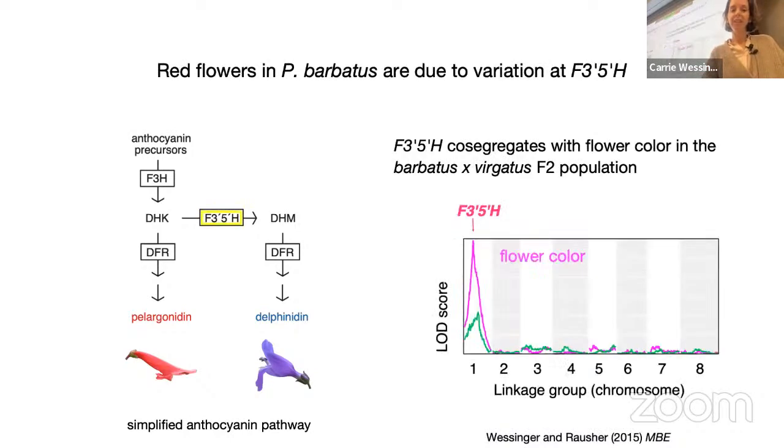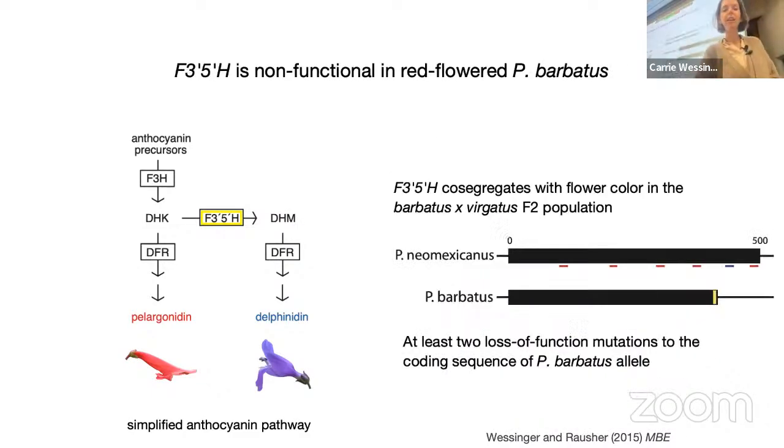We found that flower color in our F2 population co-segregates with genotype at F3' 5'H. And it turns out that the red flowered species, Penstemon barbatus, has a non-functional copy of this gene that's been inactivated through at least 2 loss of function mutations to the coding sequence.